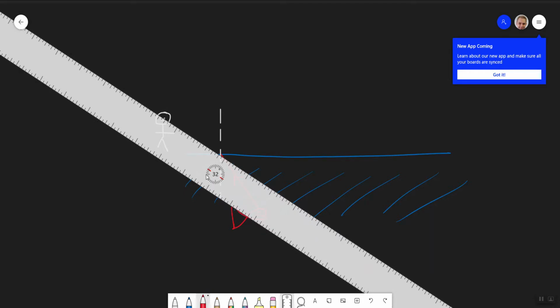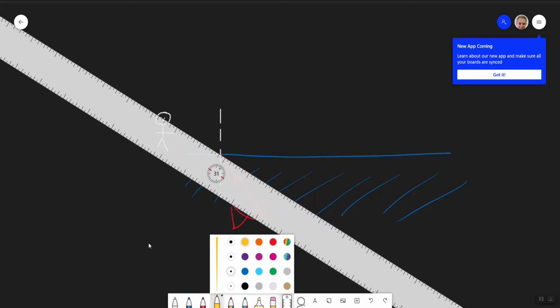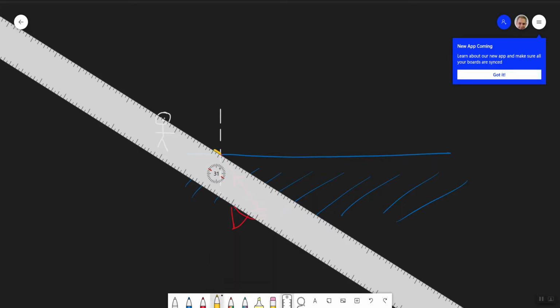So something like this. Let's do a yellow this time. We're going to see a ray of light doing that. And so according to this person, the fish is actually not down here, but is somewhere there.